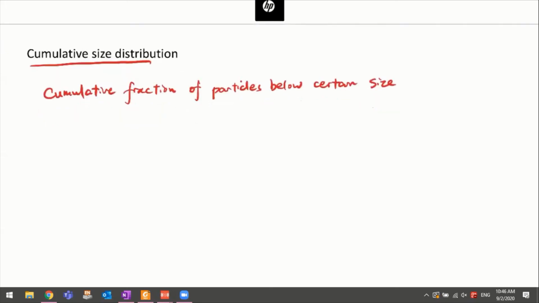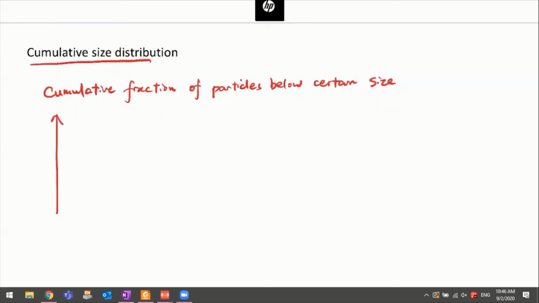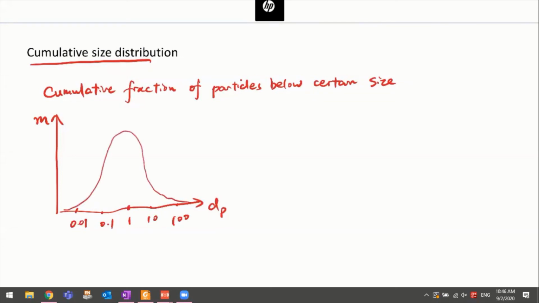Okay, so let's plot out our log normal size distribution again. dp, 0.01, 0.1, 1, 10, 100. We have m here. Okay, so this is our log normal size distribution.